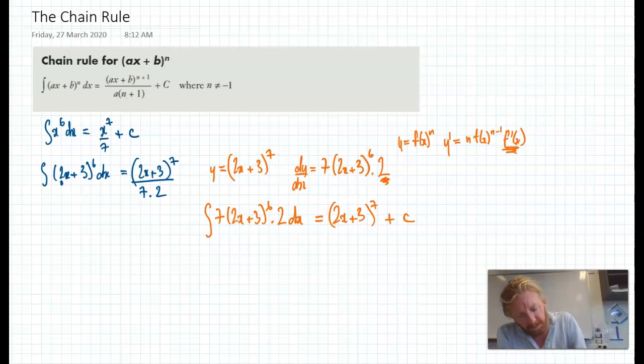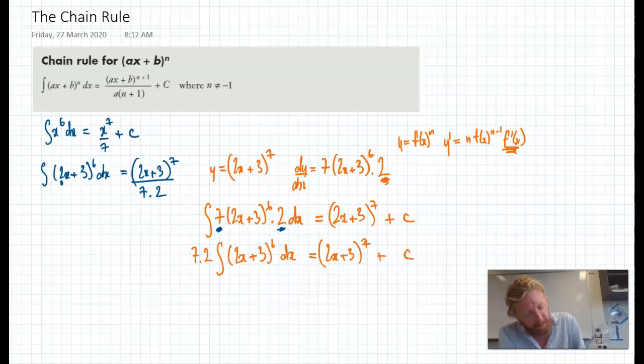Now, we saw before with our properties, I can drag any constants through that integration sign. I could say that 7 by 2, I'm not writing that as 14. We're just leaving it as those factors, which will be useful for us to see why it works. The integral of (2x plus 3) to the 6 dx equals (2x plus 3) to the 7, plus c. So I haven't changed anything there, okay?